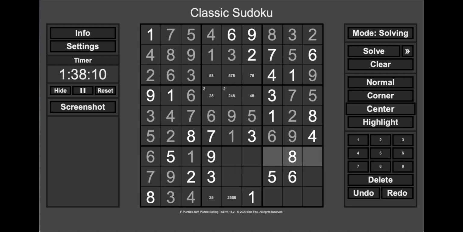Oh, that's annoying. Let's see, 1, 3, and 9. So these cells, if I look at just 1, 3, and 9, are 2, 4, 5, 6, 7, 8, right?